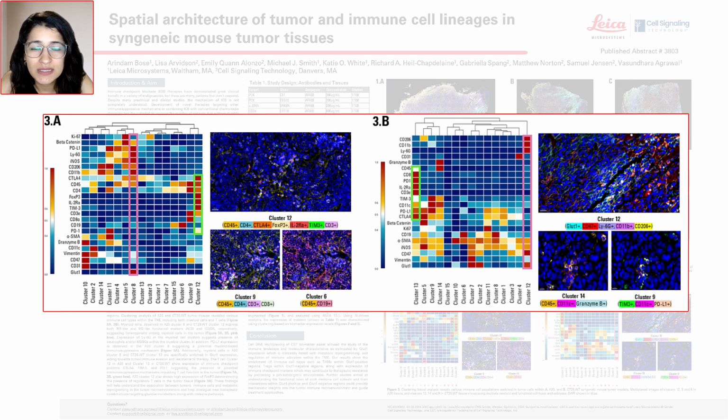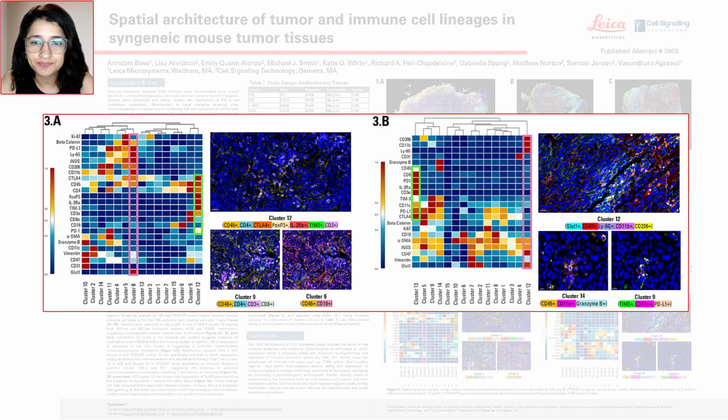In green here, we see T cell clusters showcasing immune checkpoint protein expression of CTLA4, TIM3, and PD1, along with markers for regulatory T cell expression, including FOXP3 and IL2RA, indicative of potential immunosuppressive mechanisms impacting T cell function in the tumors.